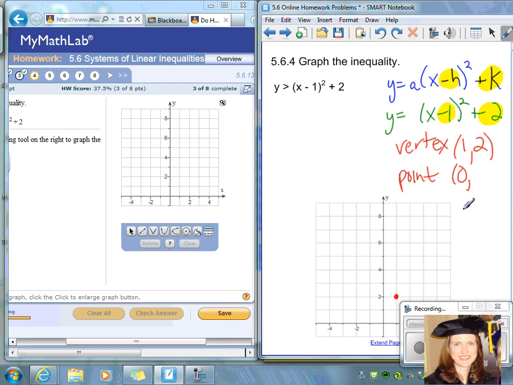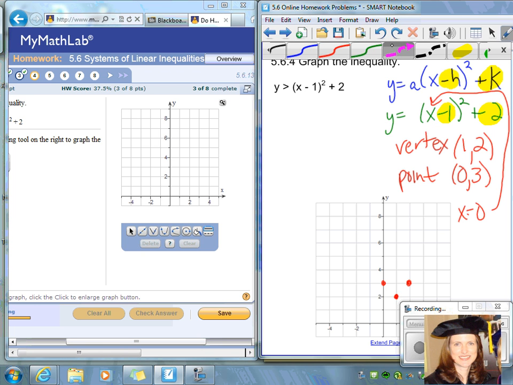If you plug in x equals 0, we get the quantity -1 squared is 1, plus 2, you get 3. So that is going to be one other point on the graph. So we can graph the point (0, 3), and because there's symmetry, there's going to be another point over here. And this is a parabola that opens up.